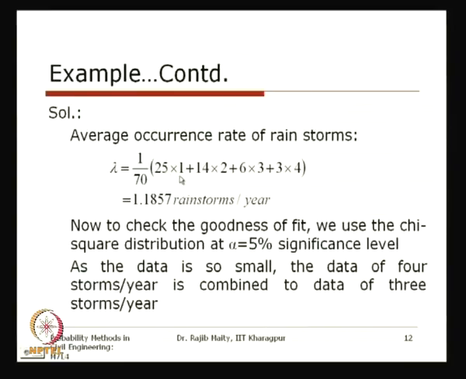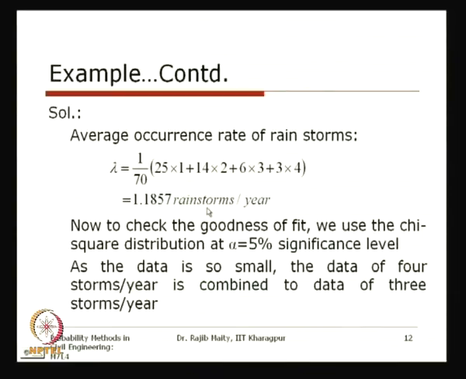Then 25 years with 1 rainstorm, 14 years with 2 rainstorms, 6 years with 3 rainstorms and 3 years with 4 rainstorms. In this way, we get the total number of rainstorms out of the 70 years, and dividing that by 70 gives the average number of rainstorms that can occur in a year, which is 1.1857 rainstorms in a year.